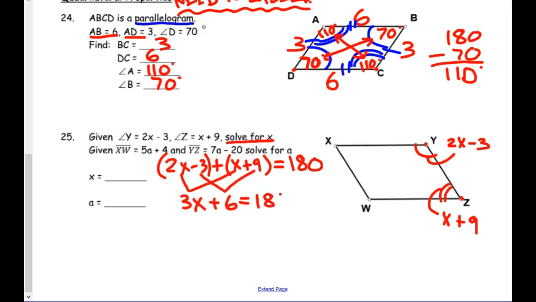Equals 180. And now I have a two-step problem. To get rid of my loner first, minus 6, minus 6. 3x equals 174. And then I need to divide by 3. And then x will be equal to 58.